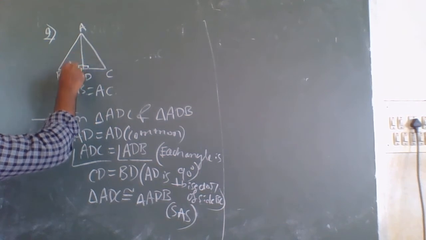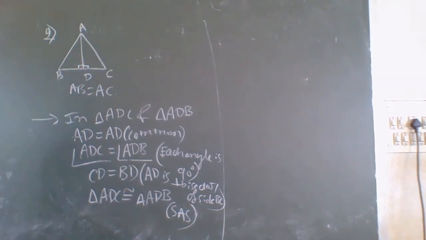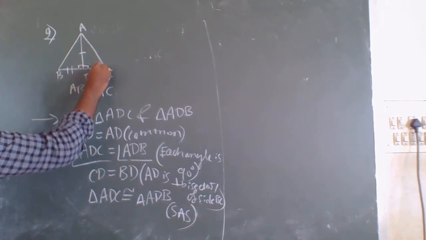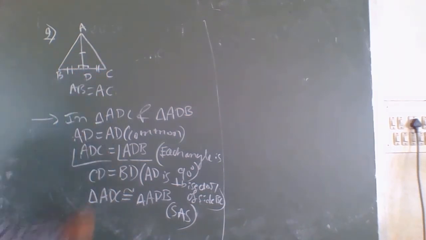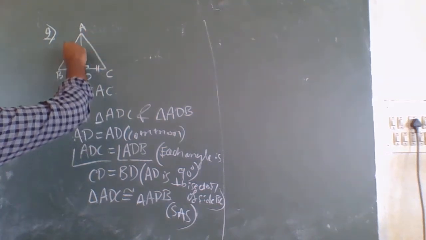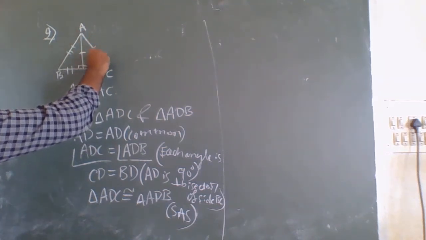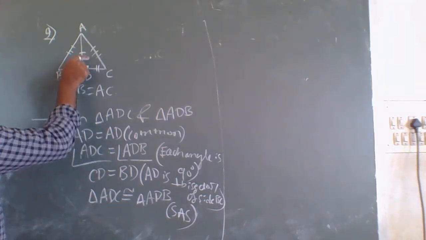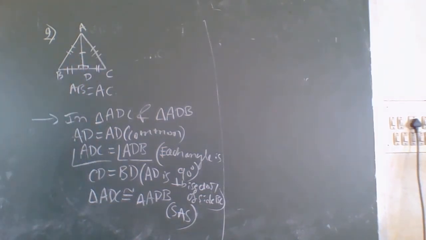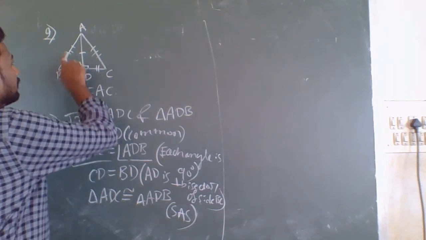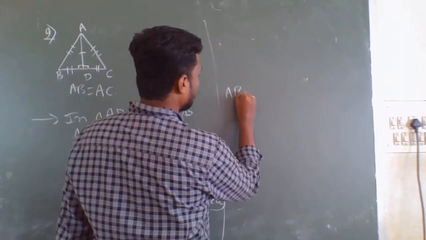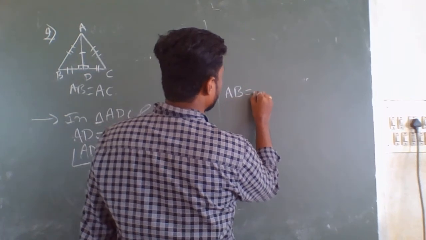So these two triangles are congruent to each other. Now this side is common, these two sides are equal, then the remaining sides are AB and AC. These are corresponding sides of congruent triangles. Therefore we can write AB is equal to AC.